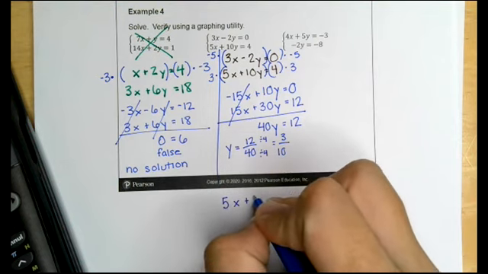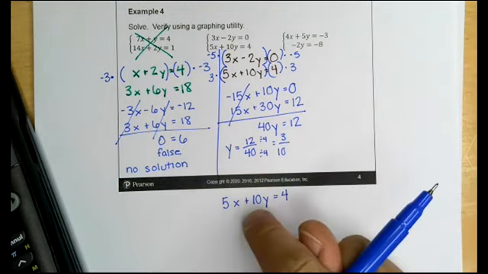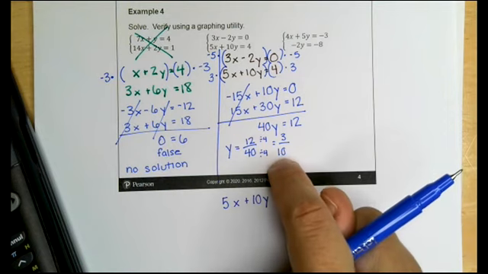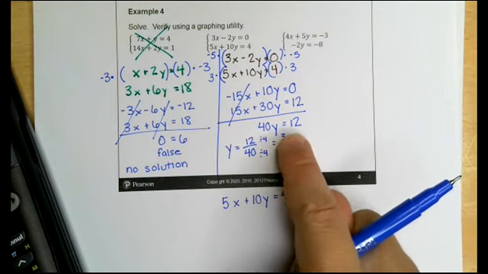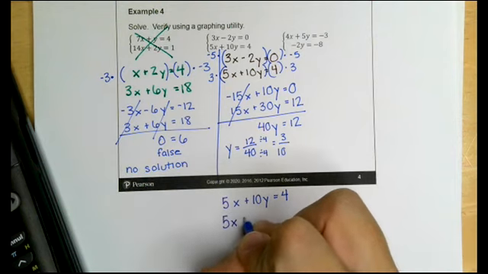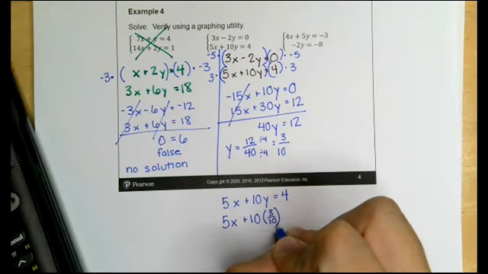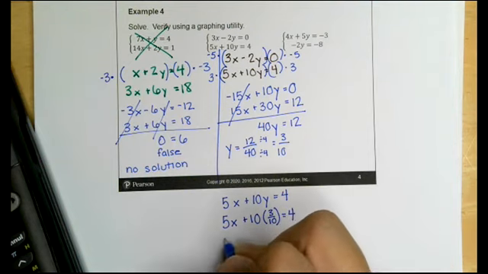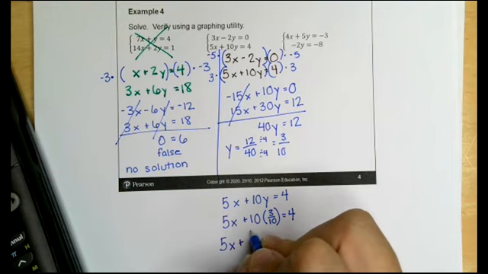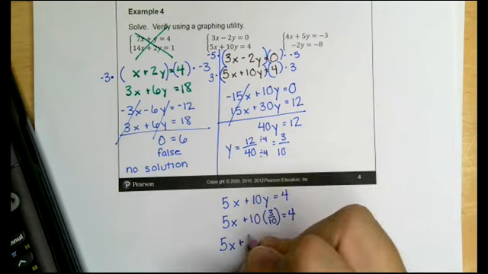5x plus 10y equals 4. I want to choose this one because 10 times 3 over 10 will get rid of my fraction. 5x plus 10 times 3/10 equals 4. What's happening here is we're multiplying fractions.